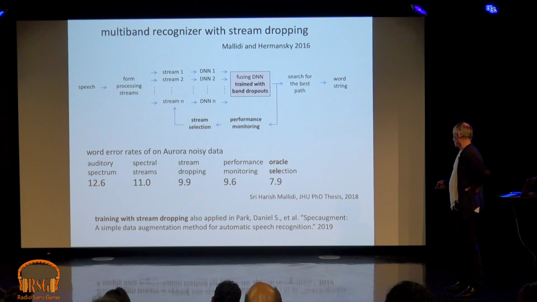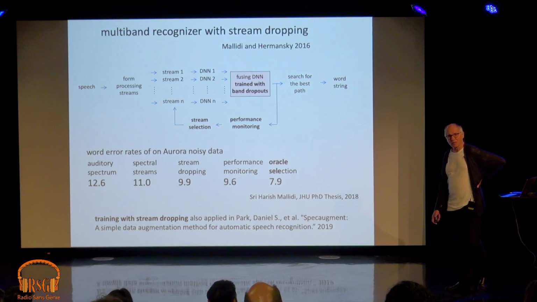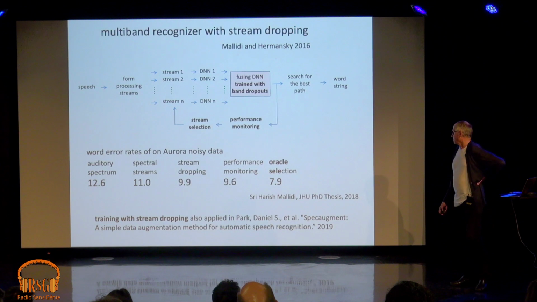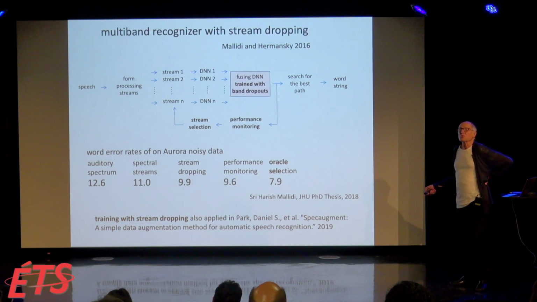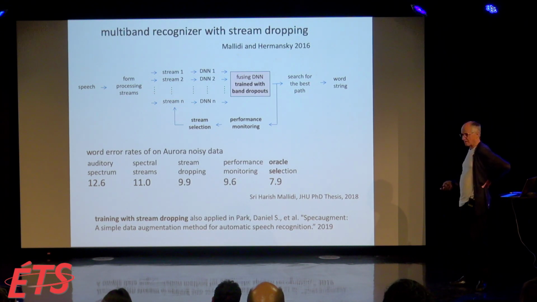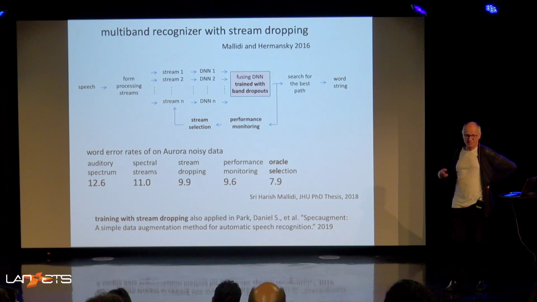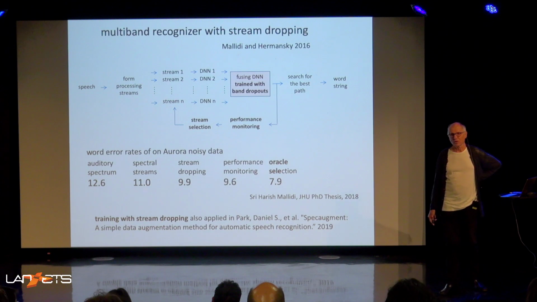And if you put the performance monitor on top of that, you get another performance boost. And if you knew how to form the best combination of streams, that would be the oracle selection. So the difference between 9.6 and 7.9 is still something which we have to fight for.